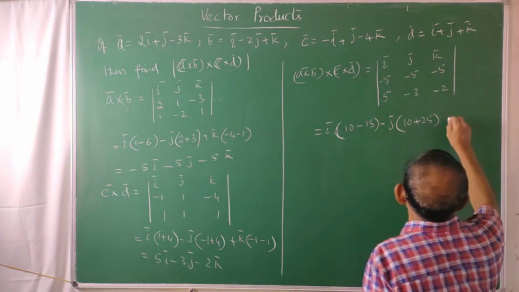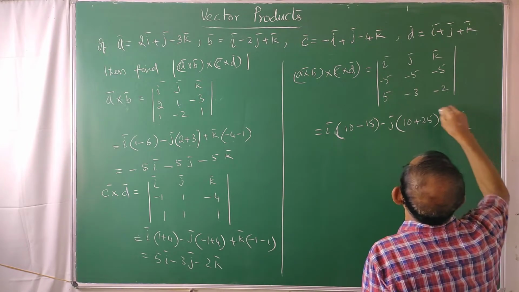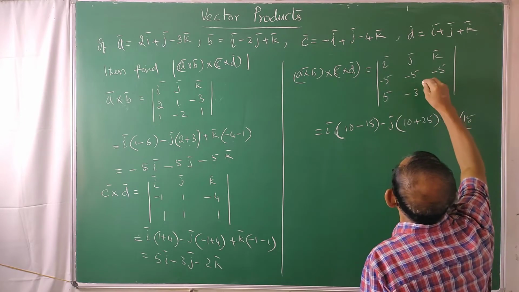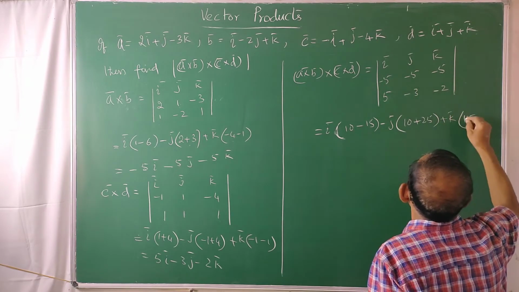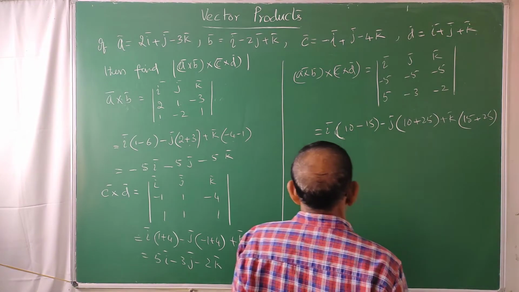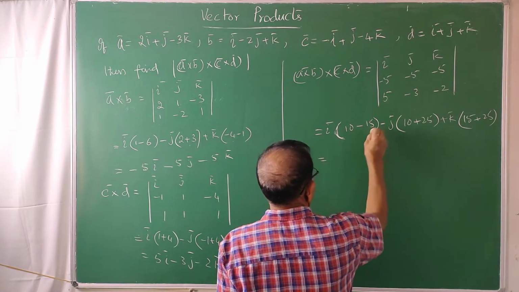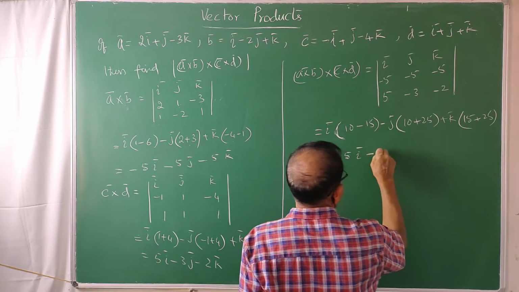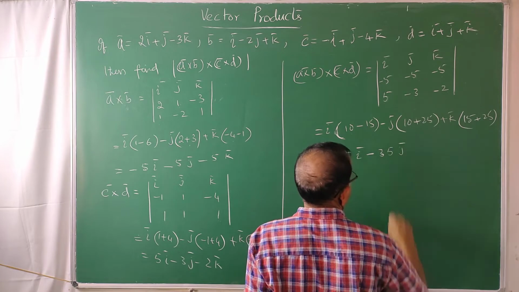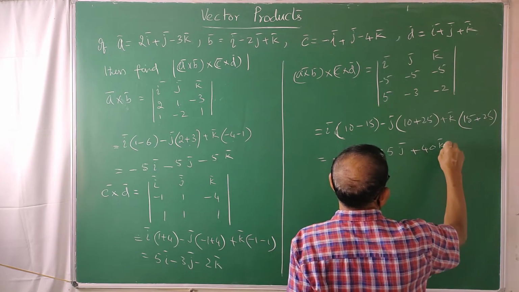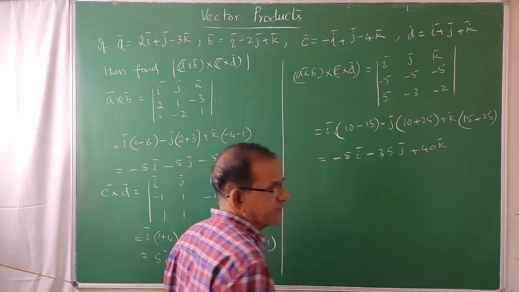Next, k bar into 15 minus minus 25 plus 25. So, that is minus 5 i bar, 35 j bar, minus 35 j bar, 40 k bar. So, this is a cross b cross c cross d.